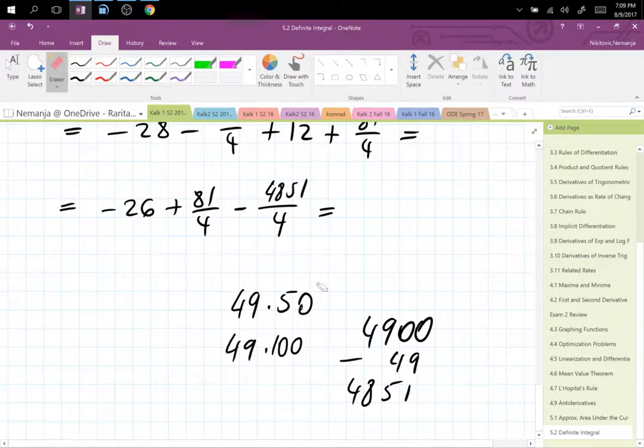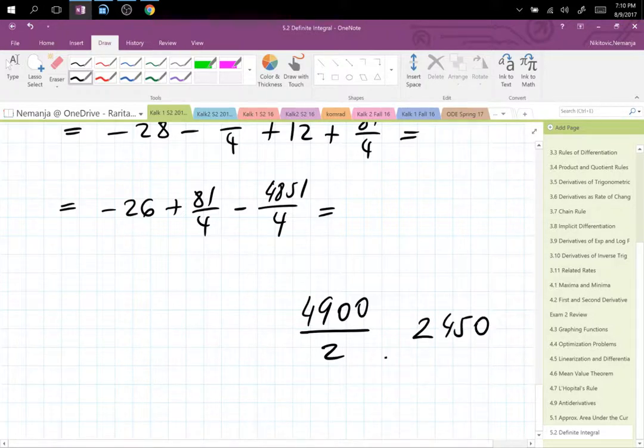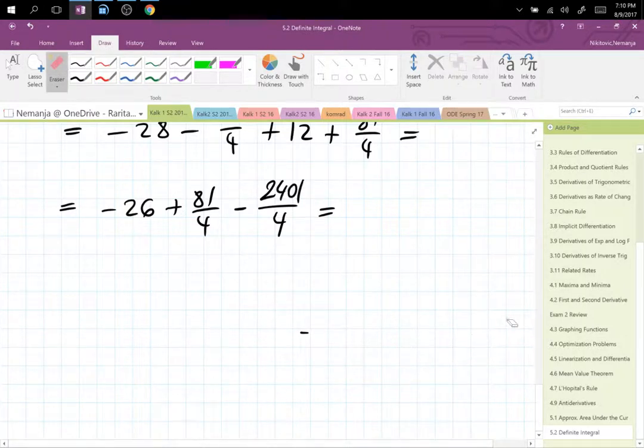There we go, much better. Did I forget to do? I did divide it. So that's 2450, and now minus 49. There we go. 2411. No, 2101. I give up. There we go. That's my final answer.